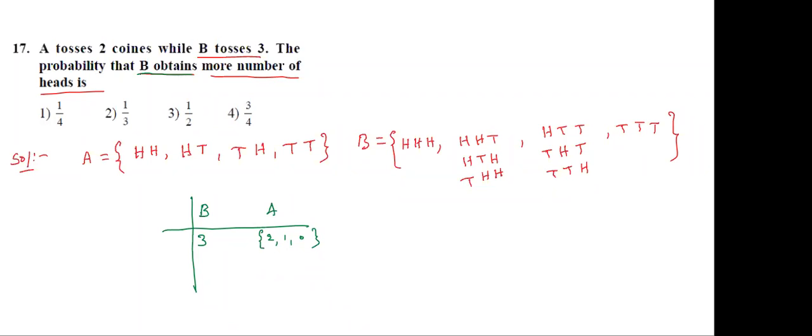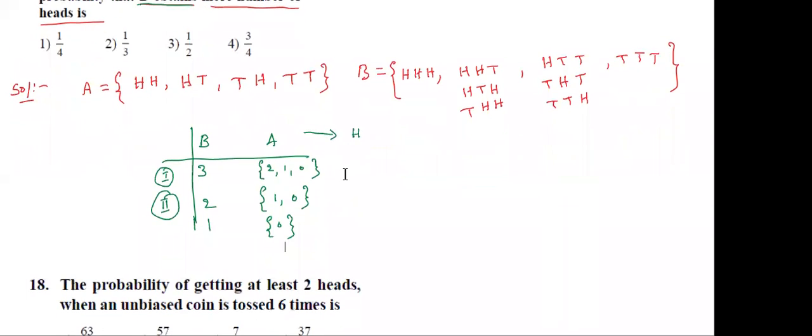So if B has 3 heads, then what about A? Less than 3 only. This is the first case. Now go to the second case. B having 2 heads. Then what about A? 1 head or 0 heads. Here I am taking only heads. If B obtains 1 head, then what about A? 0 heads. Both are independent.